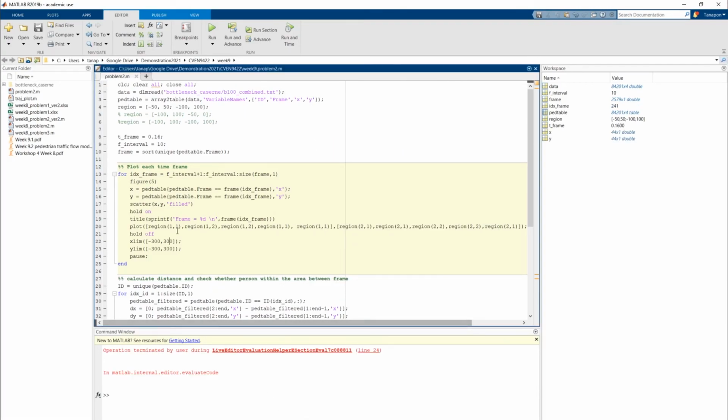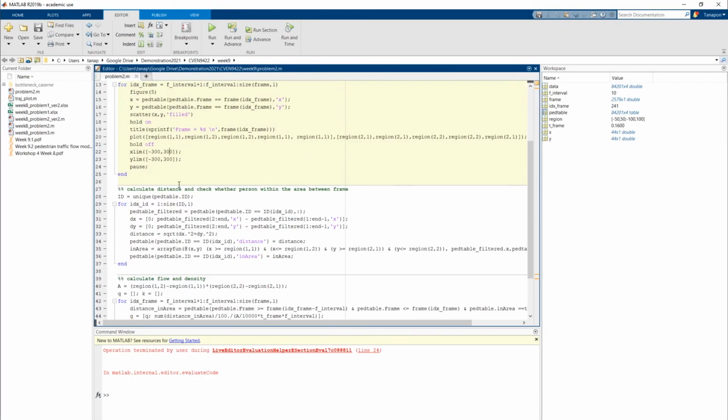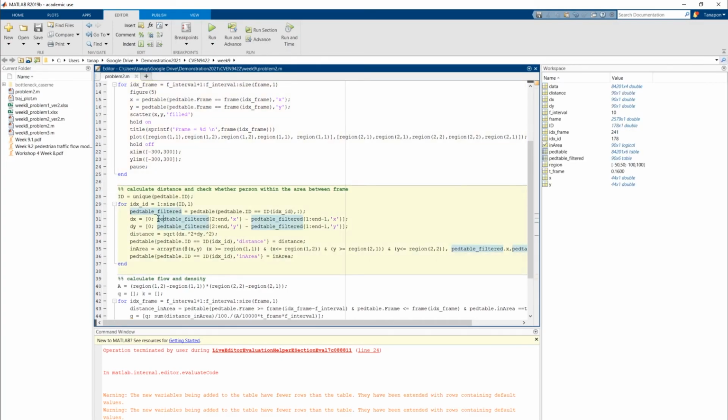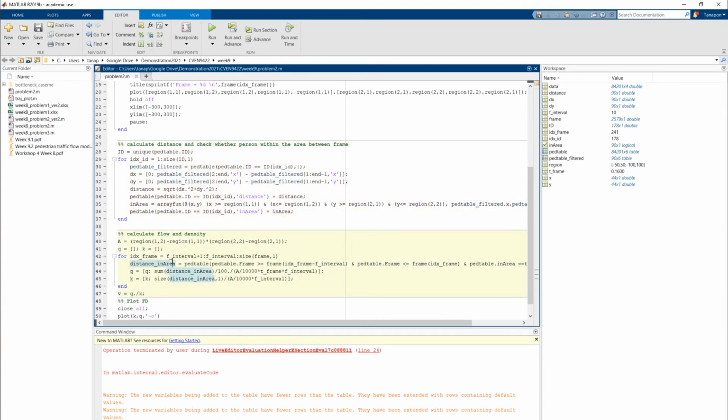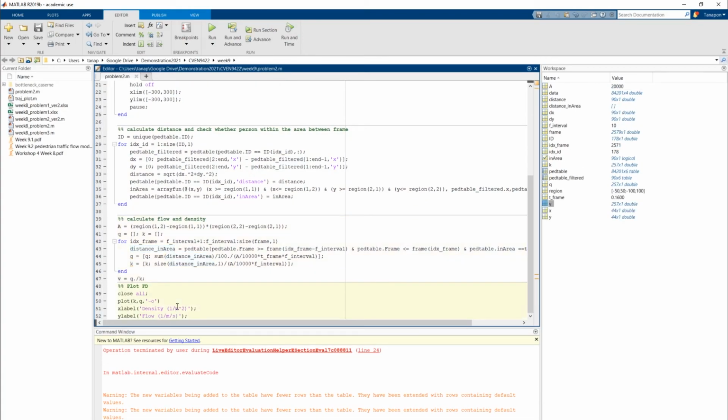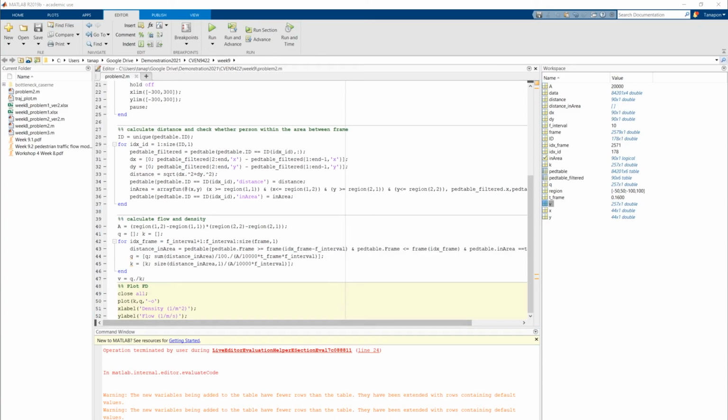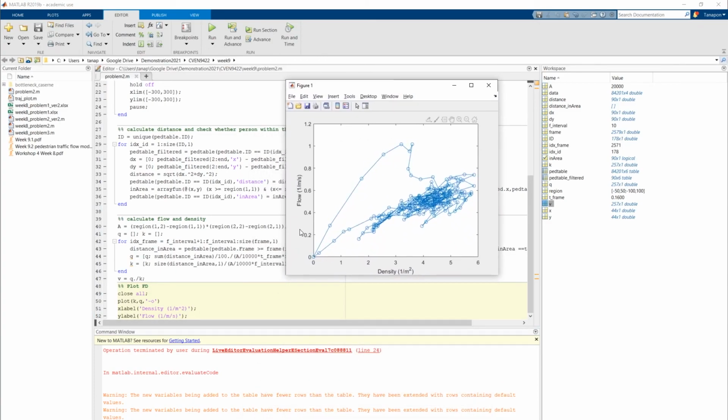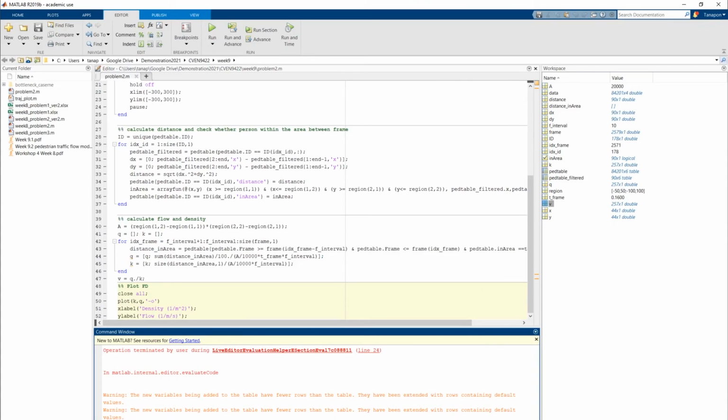So here this cell will calculate the distance and check if it's in the area, and then we can calculate density and flow. Then we can plot FD. Now it looks a bit better. Scatter density and speed.